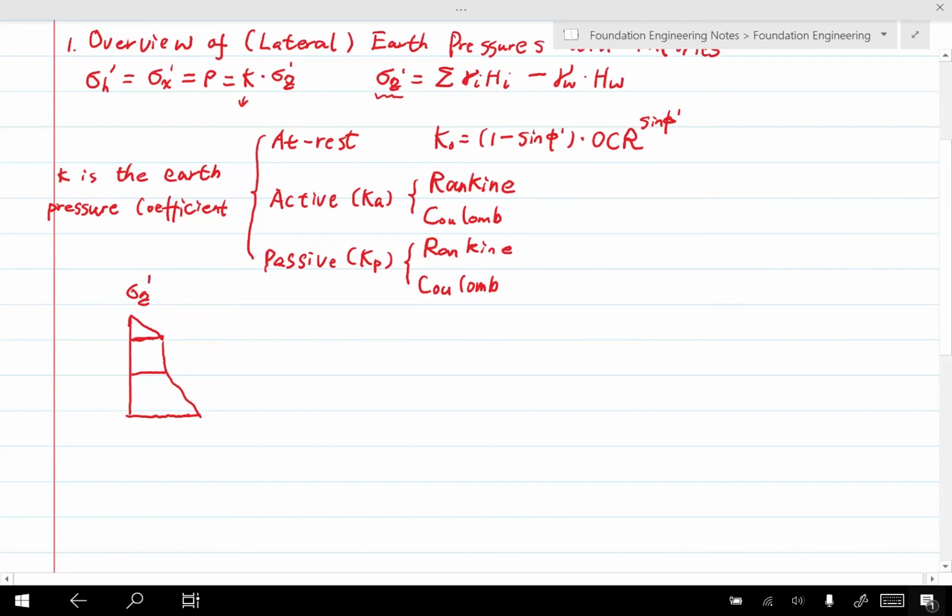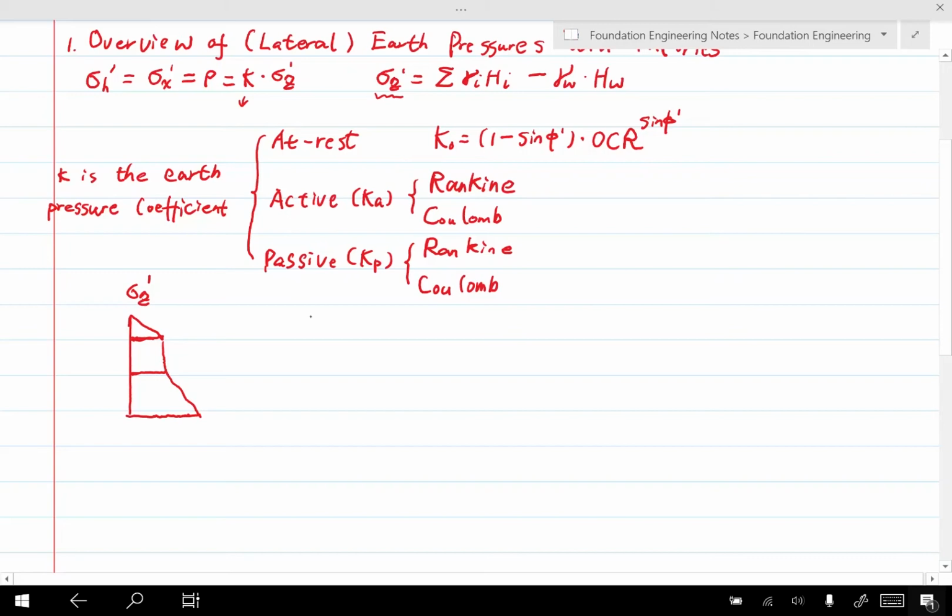And we know that the philosophy for calculating the lateral earth pressure is that we get sigma z prime first. Then we get the earth pressure coefficient based on any of the theories for at rest, active, and passive earth pressures.